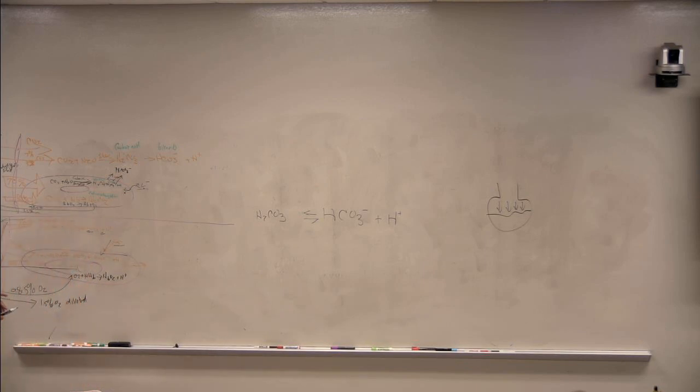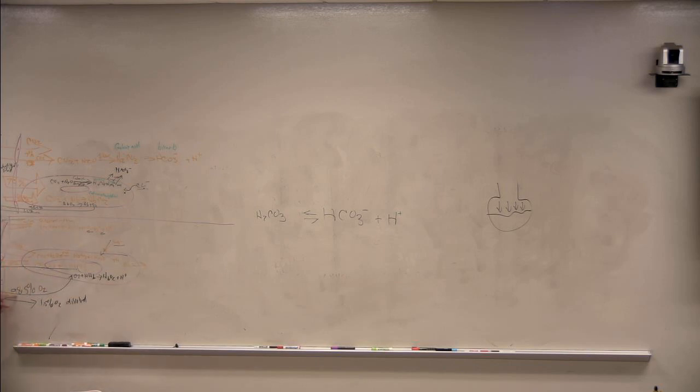Now, in the alveolus, I got a fresh breath, a full chest of oxygen, and the concentration in here is high. That's going to drive it into the bloodstream where the oxygen concentration is much lower, because the gas goes from high concentration to low concentration, down its concentration gradient.